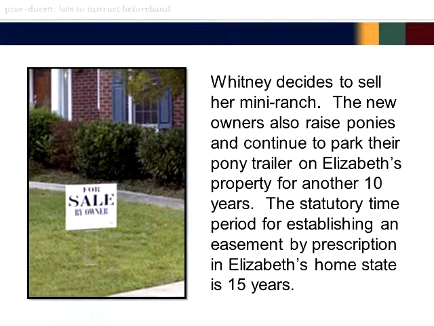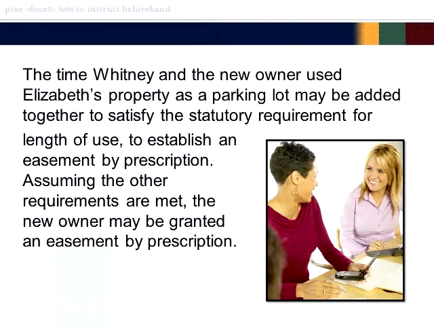The statutory time period for establishing an easement by prescription in Elizabeth's home state is 15 years. The time that Whitney and the new owner used Elizabeth's property as a parking lot may be added together to satisfy the statutory requirement for length of use, to establish an easement by prescription. Assuming the other requirements are met, the new owner may be granted an easement by prescription.